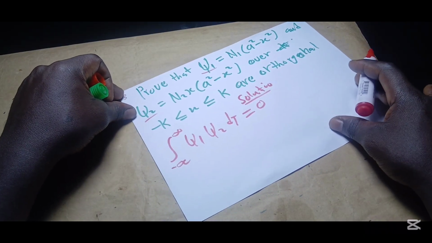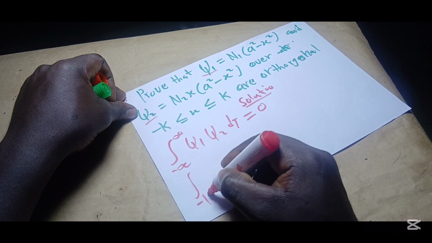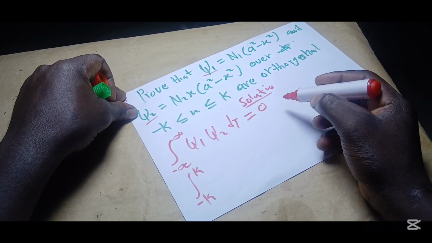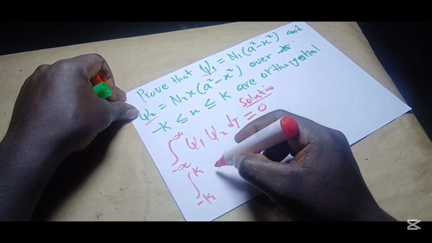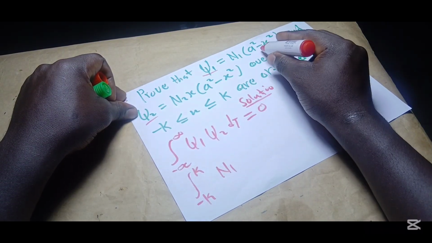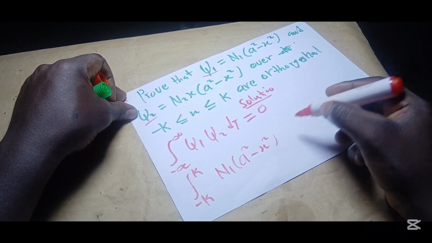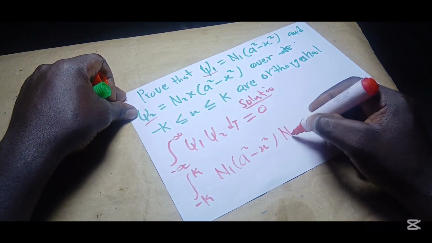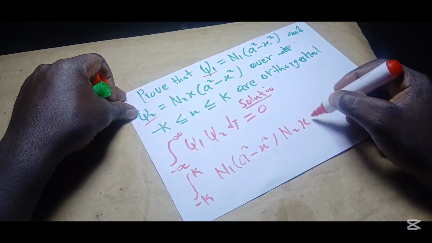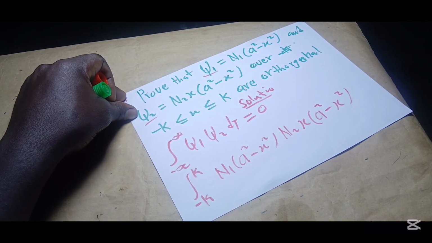But in this case, we've been given the limit for integration, so from minus k to k, and we are to evaluate this. Psi 1 is N1 into bracket a squared minus x squared, and psi 2 here is N2 x into bracket a squared minus x squared.